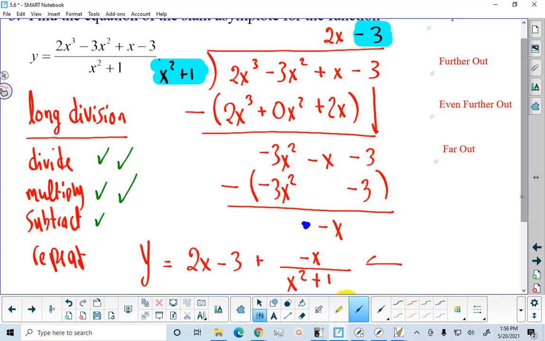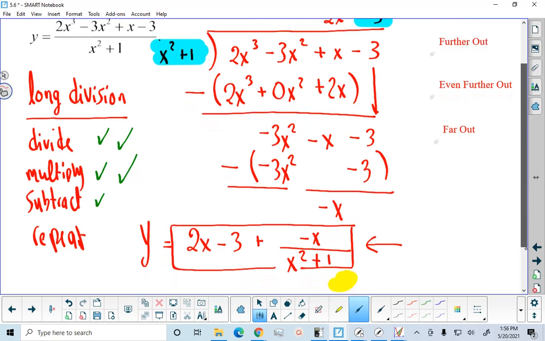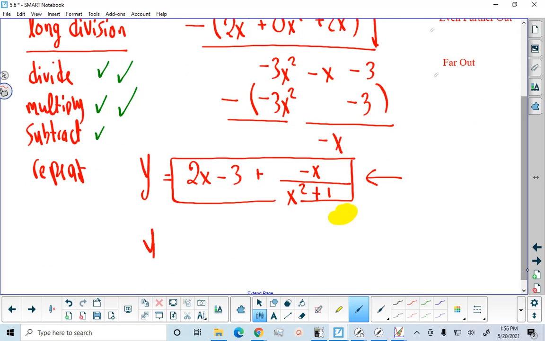So this is the function. It's written in an alternate form. If you were to graph the original function or look at a table of values of the original function, and you were to graph this thing, you would get the same result. So I'm going to rewrite this as y equals negative x over x squared plus 1 plus 2x minus 3.